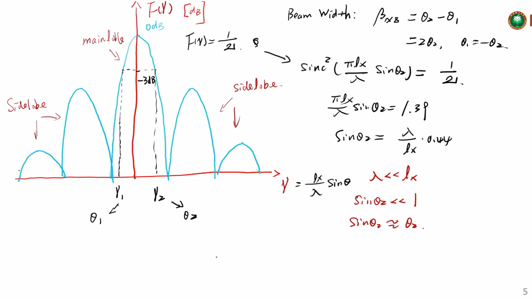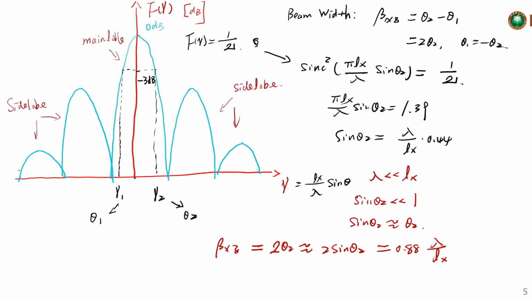So the beam width beta x theta can be expressed as 2 times theta 2, roughly 0.88 lambda over Lx.